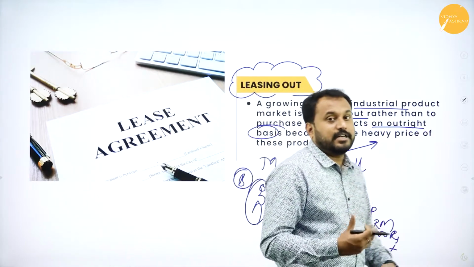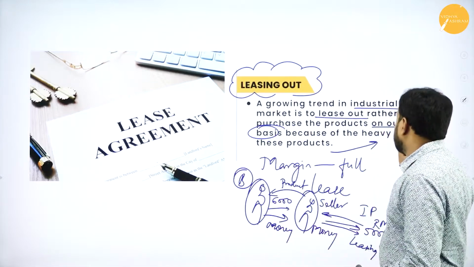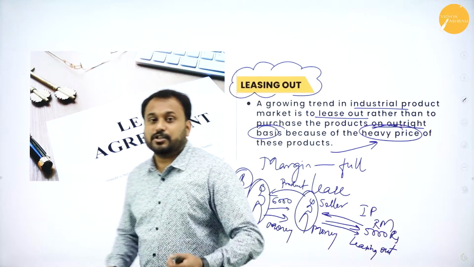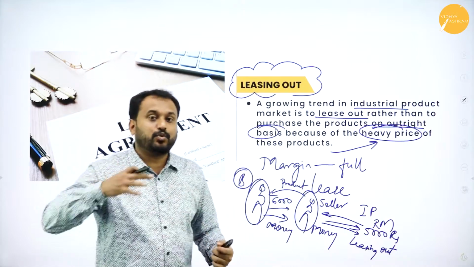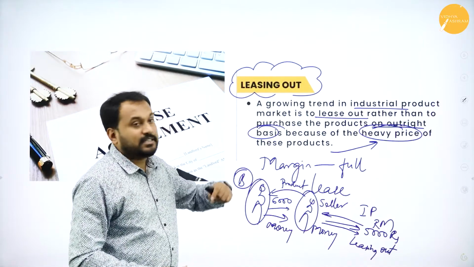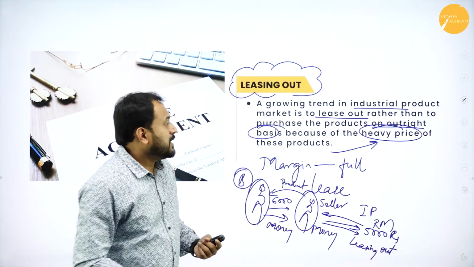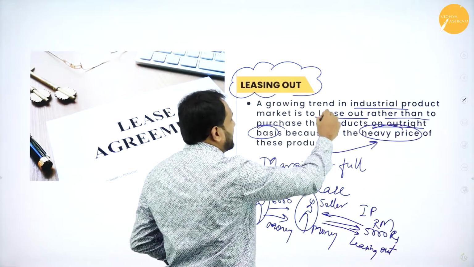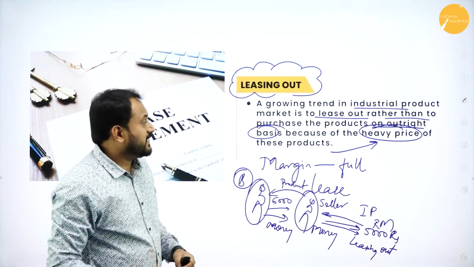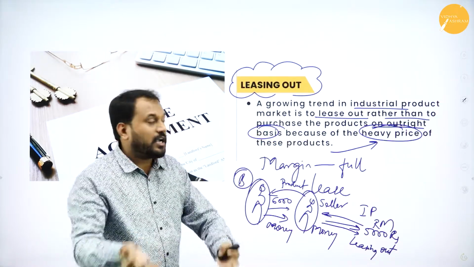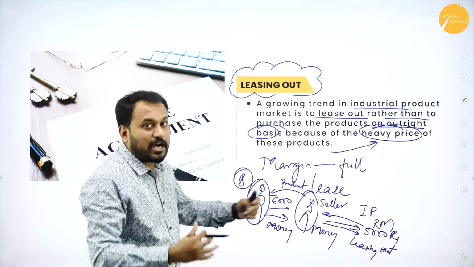In the industrial product market, because of the heavy price, you will not buy 1 kg or 2 kg. You will go with tons, quintals, right? Those kinds of quantities. That's why we go with leasing out. A growing trend in the industrial product market is to lease out rather than to purchase the product outright.